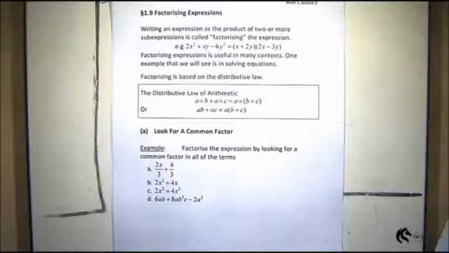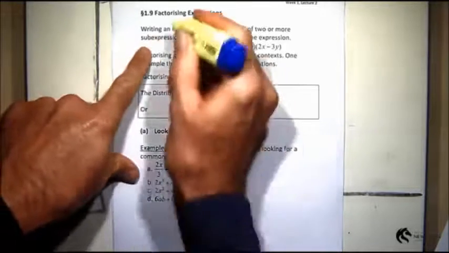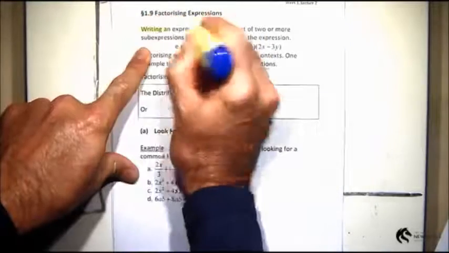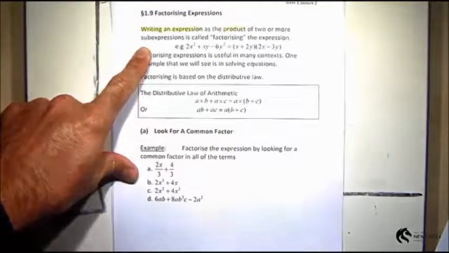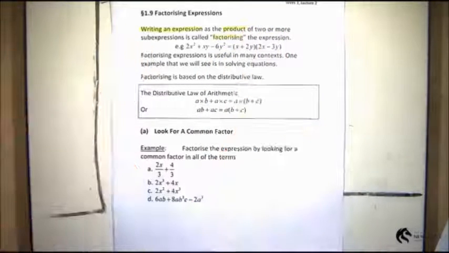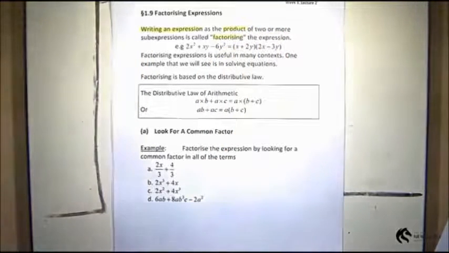So let me go back and make sure that we've done it thoroughly. Let's first make sure that we know what we're doing. Writing an expression as the product of sub-expressions is called factorising. This sort of thing probably isn't foreign to you, because remember, algebra is just following arithmetic.